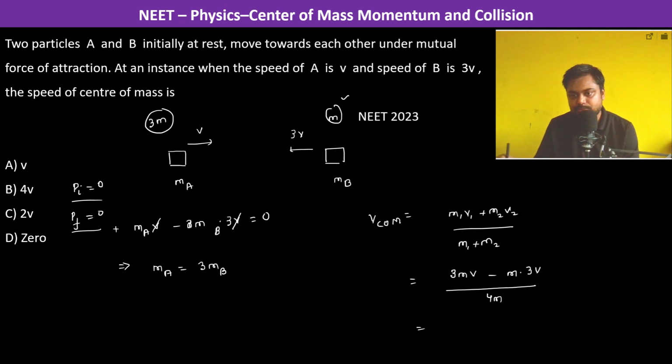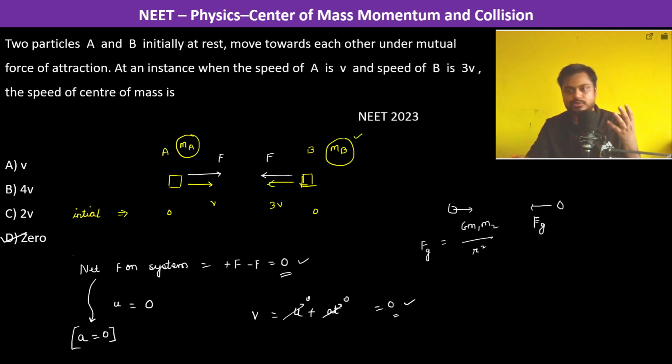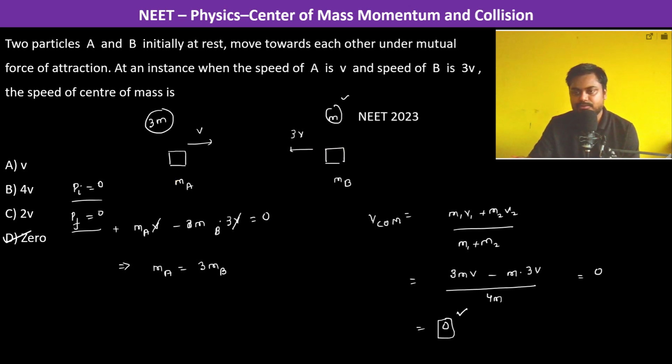Now the numerator itself becomes 0, so the velocity of the center of mass again comes out to be 0. Or we can do it this way: the net force on the system divided by the net mass of the system is the acceleration, and the initial velocity of the system is 0.